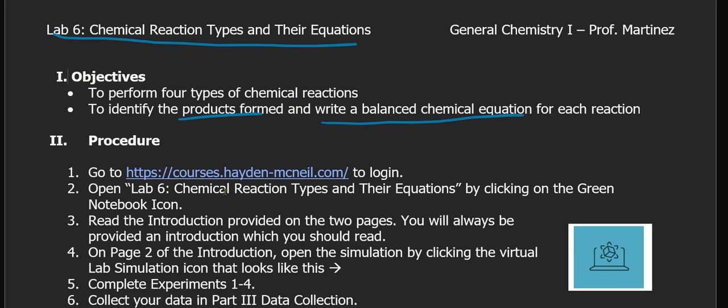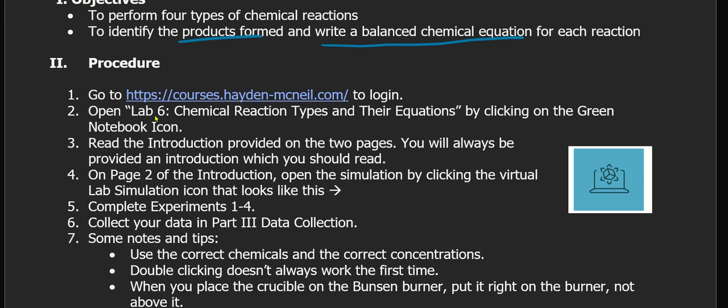So as always, you are going to open up your lab simulation site, which is the Hayden McNeil site. You will then see that on our course homepage, I have this lab open up, so chemical reaction types and their equations.